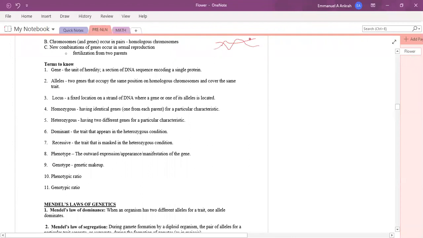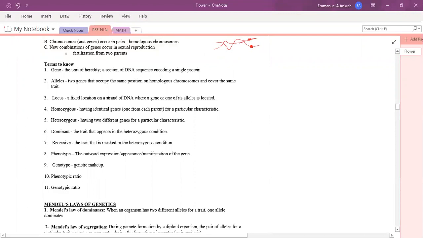So you have a gene here, and there's a corresponding gene at the same locus. Locus is the position of a gene, right? So those will be the homologous chromosomes, two chromosomes that look alike.